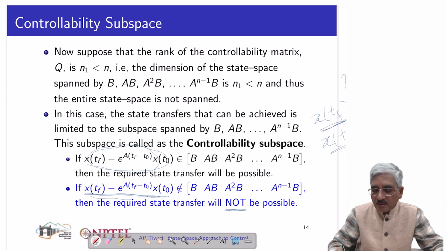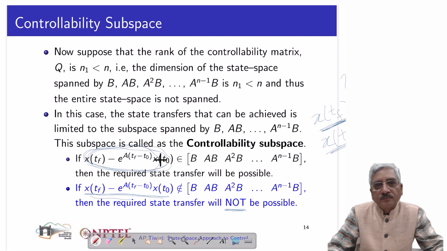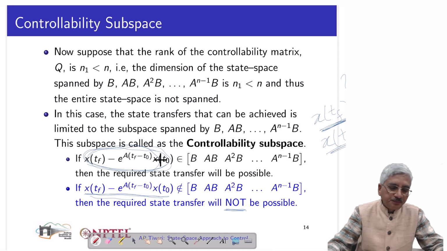So if we come across that either any of these or both do not belong to the controllability subspace, we can still check whether this difference belongs to the controllability subspace, and in the case that it does, that state transfer will be possible, otherwise not. So uncontrollable systems will lead to a lower dimension controllability subspace, and some state transfers may be possible.